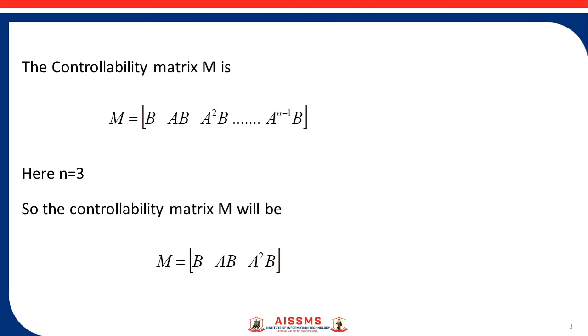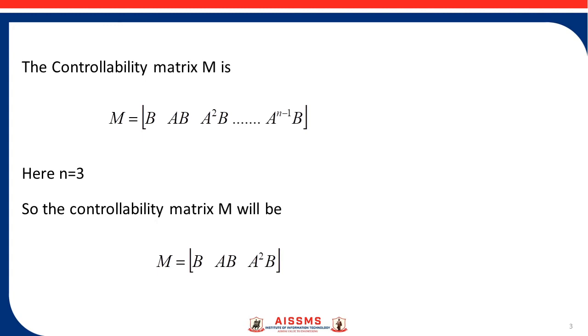Now the matrix M contains three columns. The first column is nothing but the matrix B. The second column is nothing but the multiplication of the A and B matrices, and the third column is nothing but the resultant of the A square B matrix.